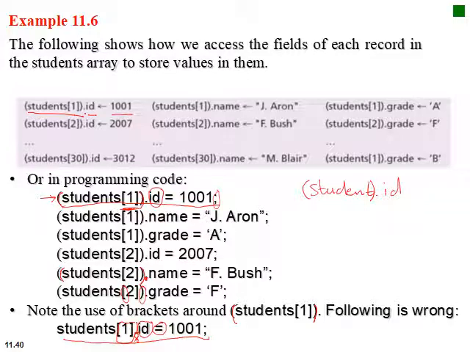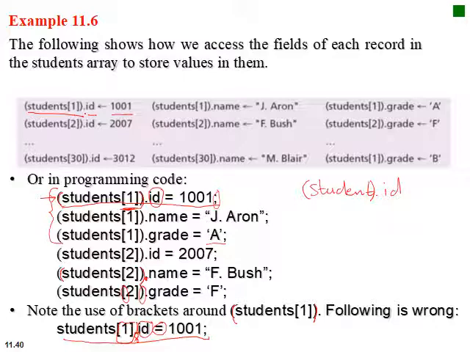students1.id. So that will assign 1001 to that ID, and students1.name will assign j.aaron, and students1.grade will assign the character A. And that will then have entered all the fields of the first record, which is stored in this first array entry, students1.